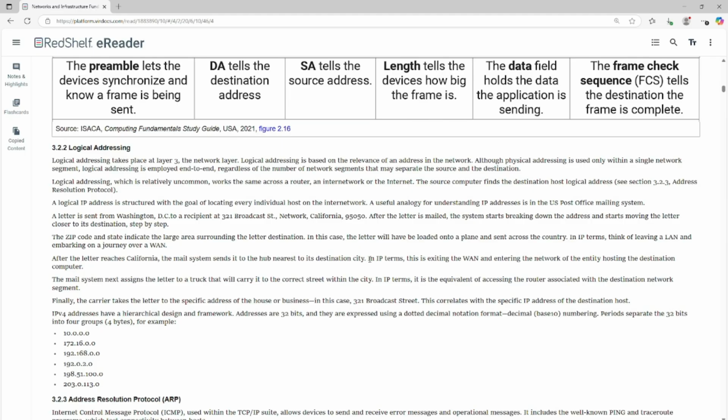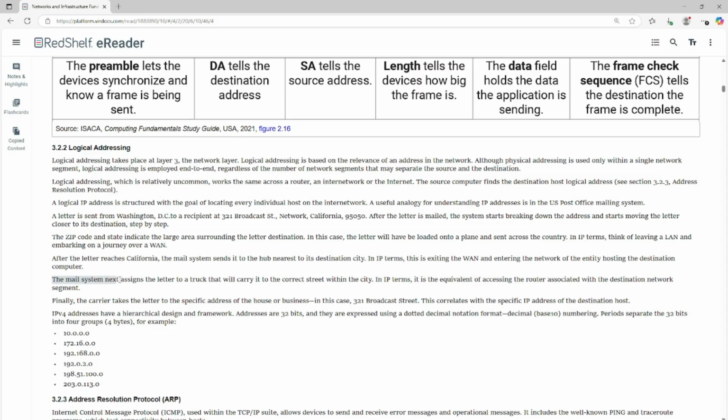If you order stuff online and track them, you see how those packages move from one state to the other and closer to your location, being transferred over to USPS centers, and they re-encapsulate and keep sending it closer to your location. In IP terms, this is exiting the wide area network and entering the network of the entity hosting the destination computer.